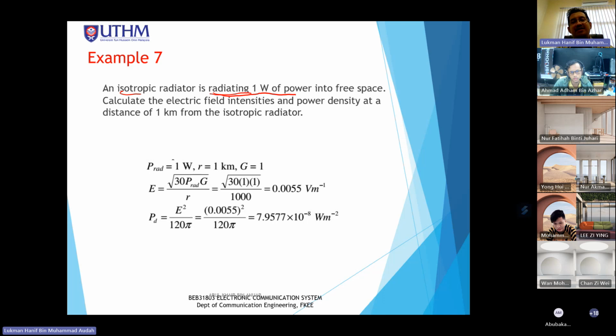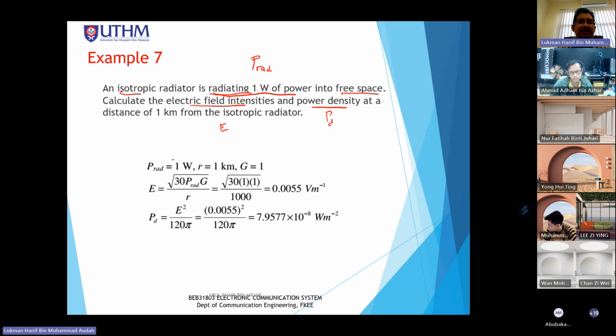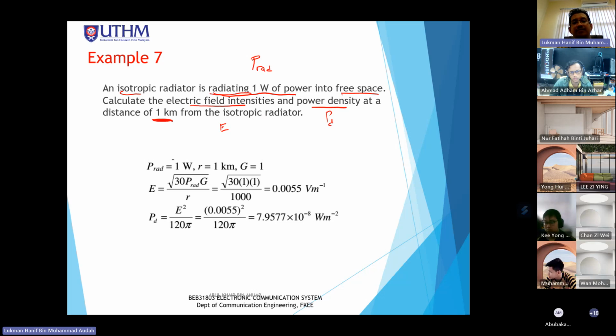It means that this is P radiation into the free space. Calculate the electric field intensity, find the E field and power density, PD. So you need to find the E parameter and power density parameter at a distance of 1 kilometer.